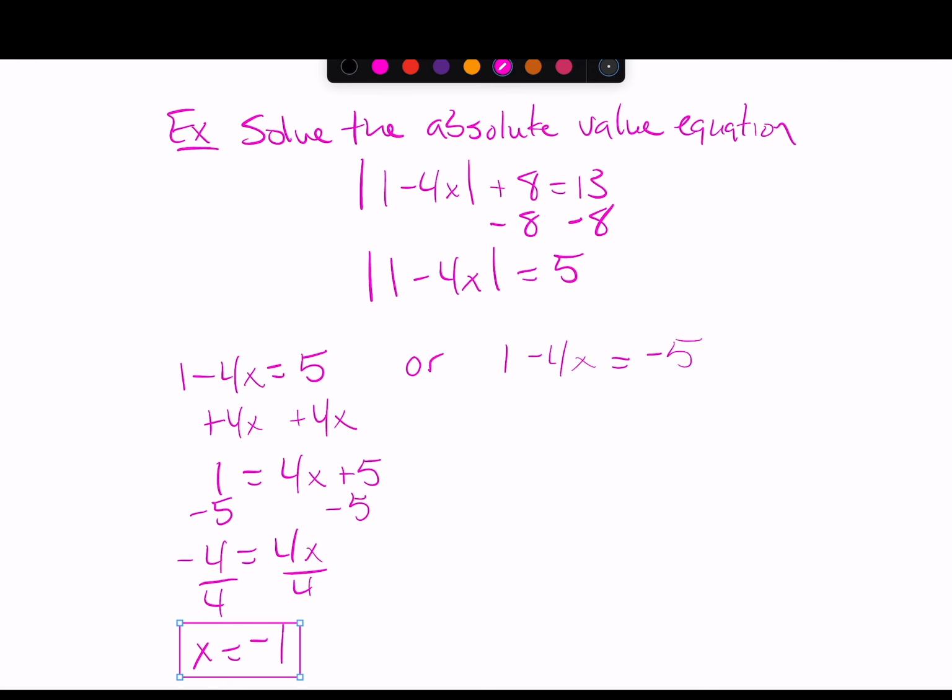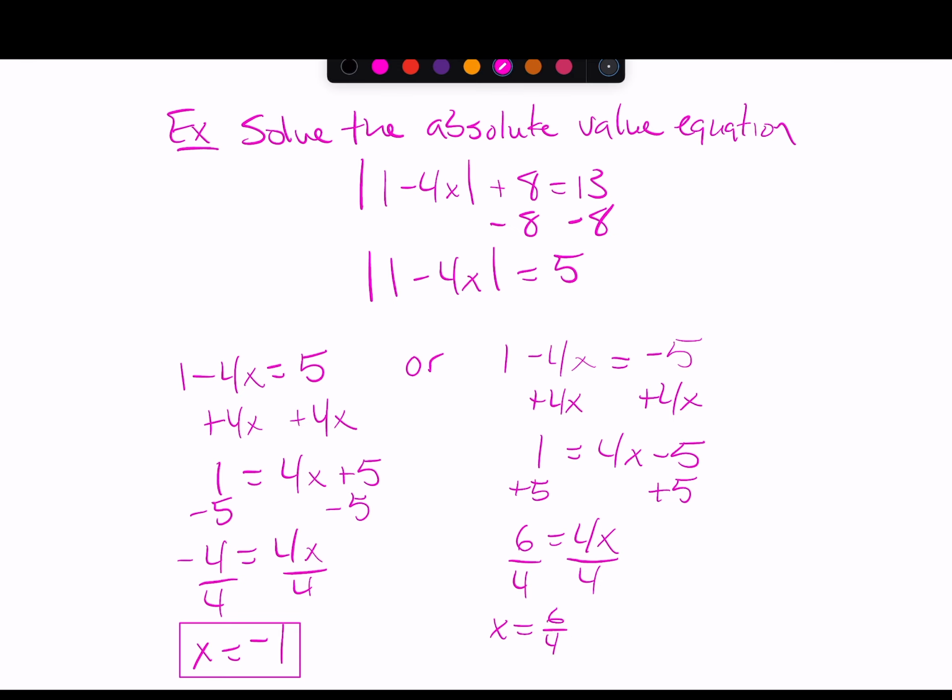For our second, we can add 4x to both sides. We're left with 1 is equal to 4x minus 5. We can add 5 to both sides, and we're left with 6 is equal to 4x. Divide both sides by 4, and we're left with 6 over 4 is equal to x. And that's our other solution.